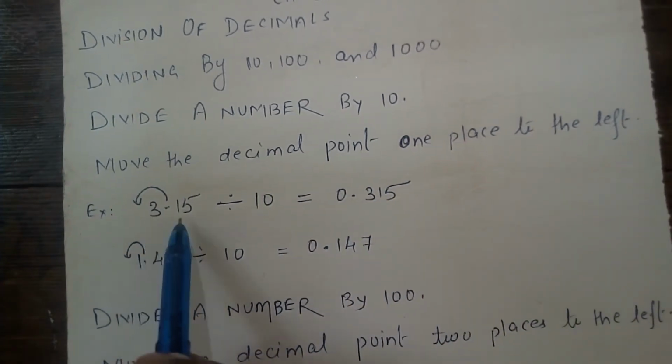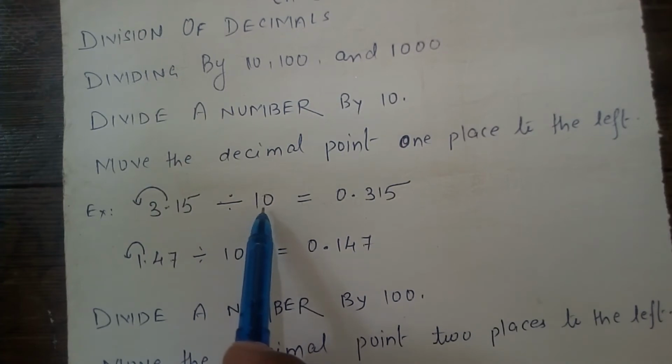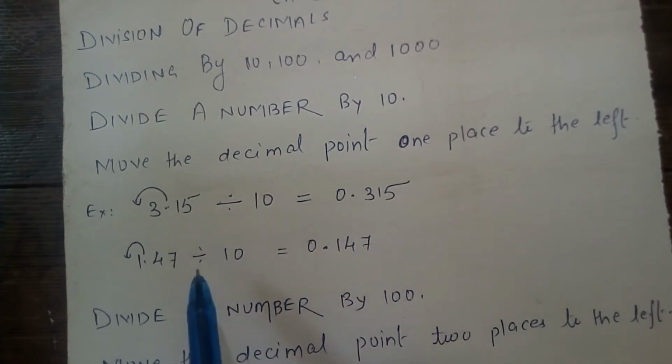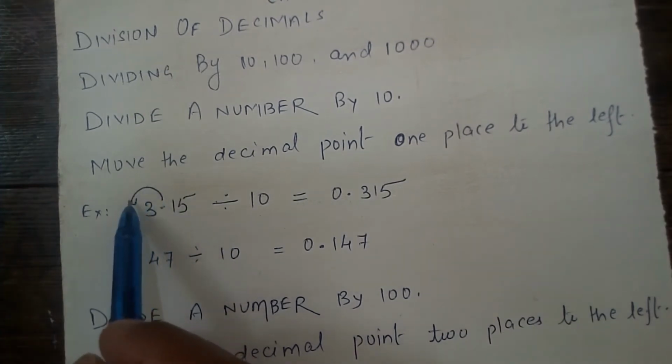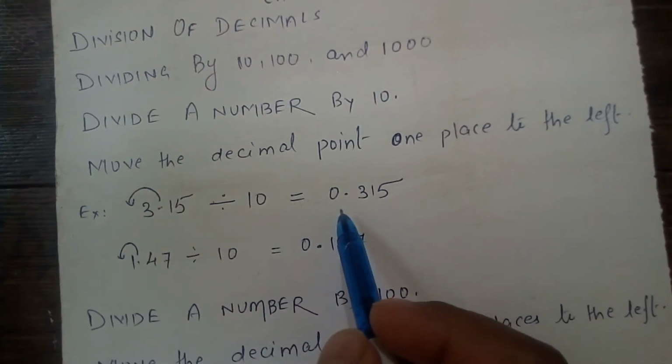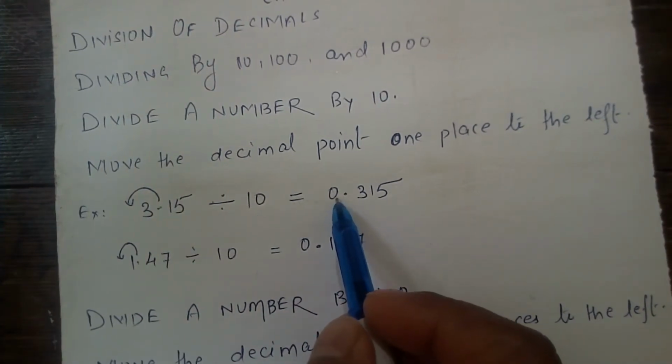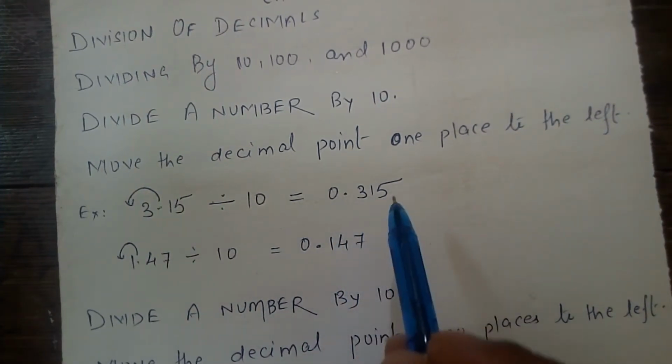Suppose you have one decimal number, 3.15, and 3.15 is divided by 10. So what will we get? According to the statement, move the decimal point one place to the left. So your answer will be 0.315.